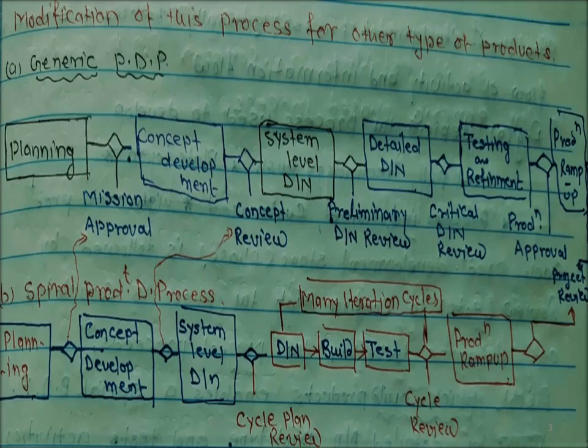Every time we review the cycles, whatever deviations are analyzed, we can redesign the product, build the prototype again and test. Many iterations can be done to finalize the design of a product, and then we go for the production ramp up.